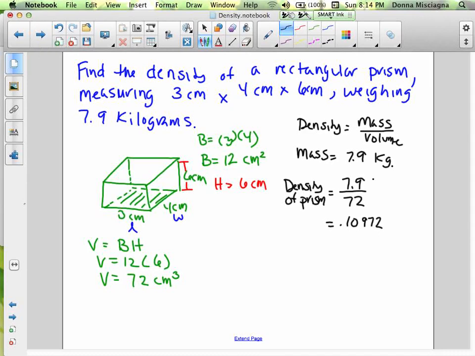I forgot to put the units in there. This is kilograms, and this was centimeters cubed.